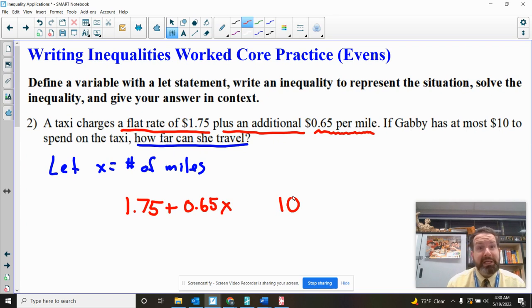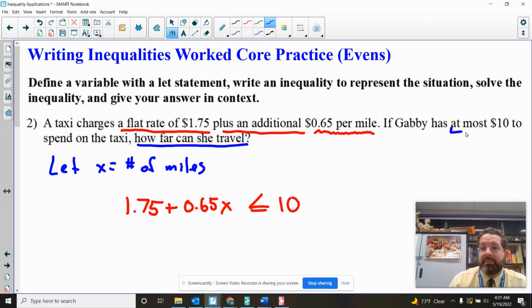So what makes this the trickiest is figuring out what words mean in terms of the inequality symbols. So at most 10 means 10 is the highest. So 10 or below is okay. That means equal to 10 is okay, or less than 10 is okay.